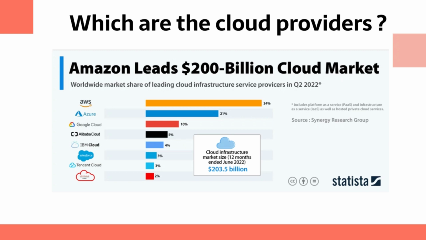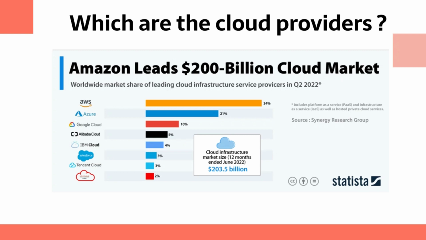In that, Amazon has acquired almost 35% of the market on its own, and Azure is giving equal competition, I would say, with 21%, and Google Cloud is still evolving slowly with 10 percent. And the rest, like Alibaba Cloud, IBM, Salesforce, Tencent Cloud, Oracle, are all other cloud providers you can use for different purposes, I would say.